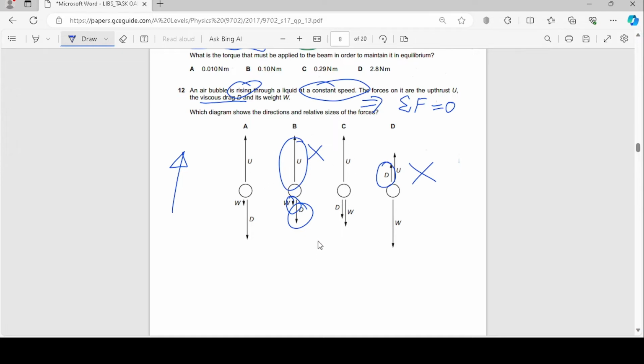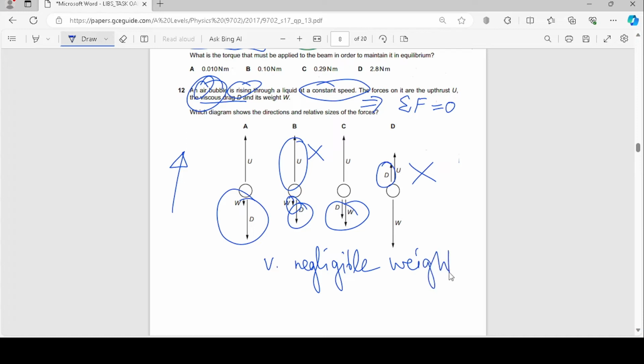As for C versus A, the problem lies here because it's an air bubble. An air bubble is a really tiny thing, and it's filled with air as well, so it would really have a very negligible weight for that reason. You can't really have the weight to be more than the drag force.